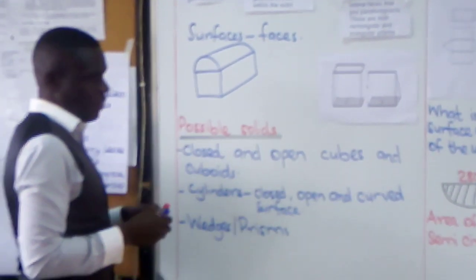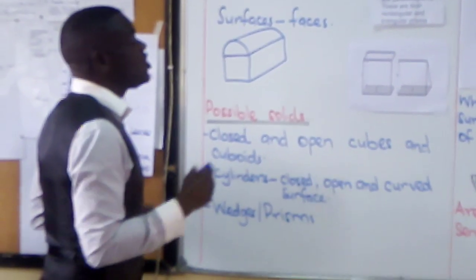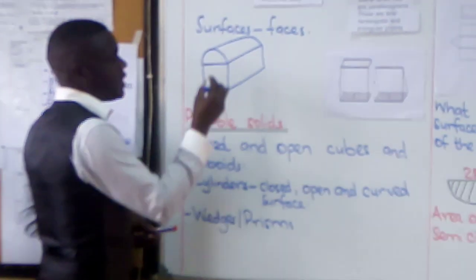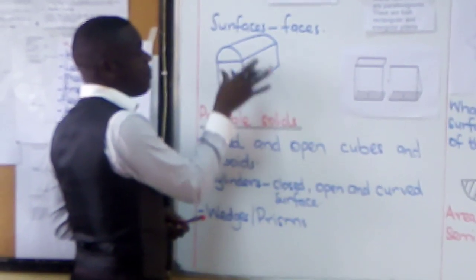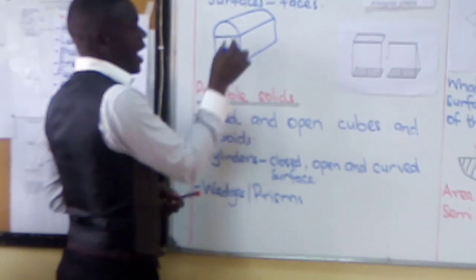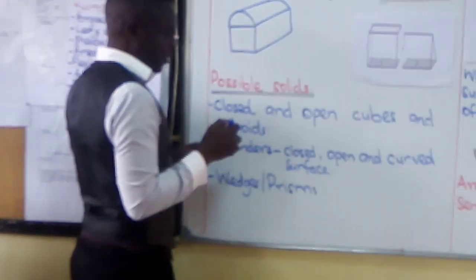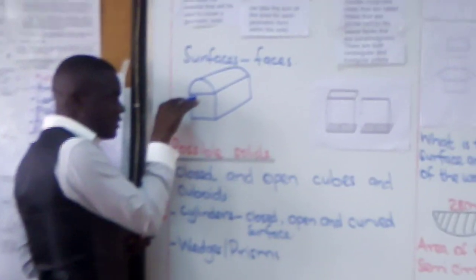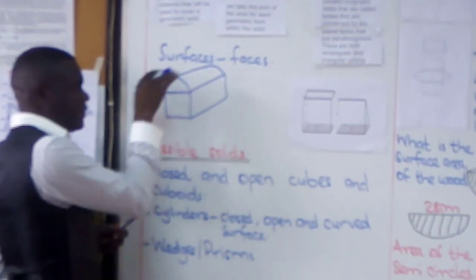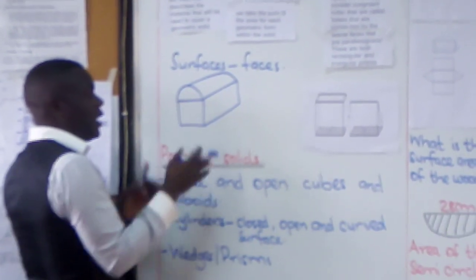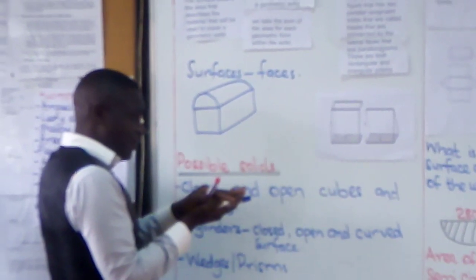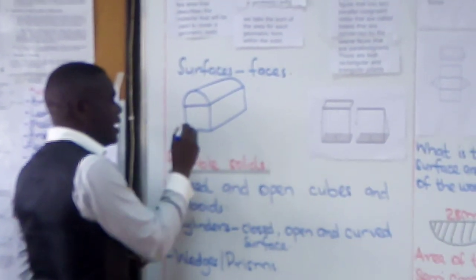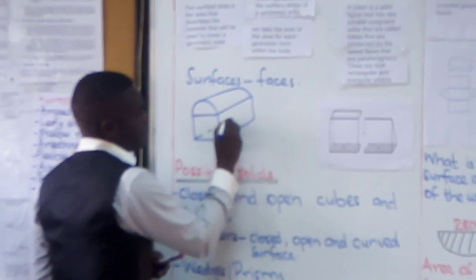You can find that as long as you know that a loaf of bread is made up of two solids, a half cylinder and a cuboid, boys and girls. But one surface of both the half cylinder and the cuboid is attached together. And so you count the number of faces.